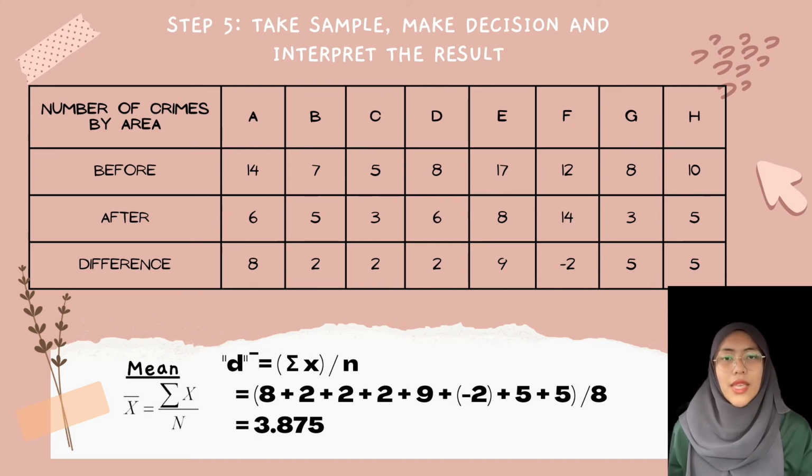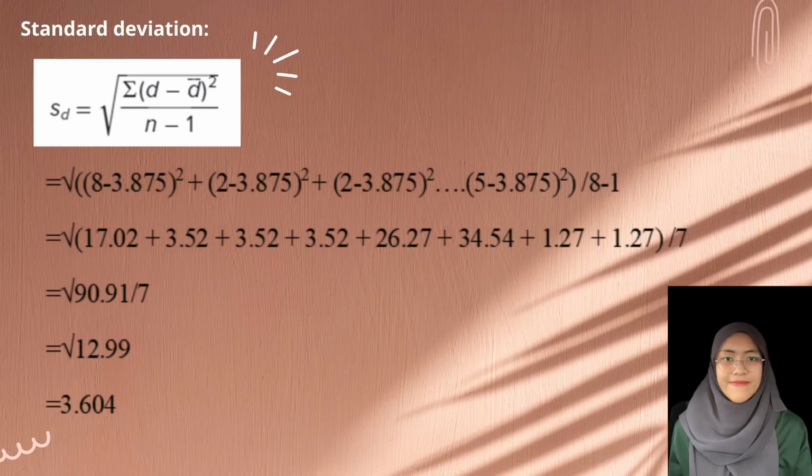We will use d-bar equal to the sum of d divided by n. So we will add all the differences, which is 8 plus 2 plus 2 plus 2 plus 9 plus negative 2 plus 5 and plus 5, and we will divide it by n, which is 8. We will get the mean of the differences is 3.875.